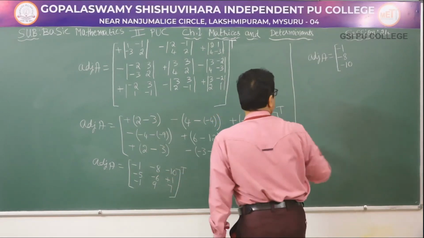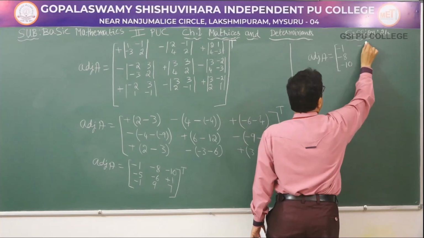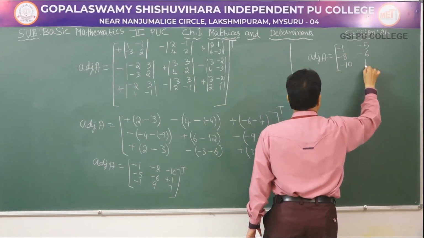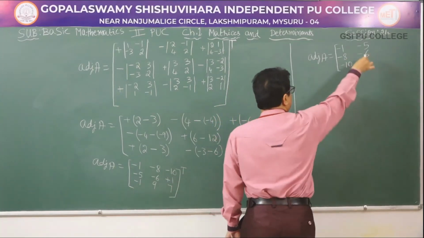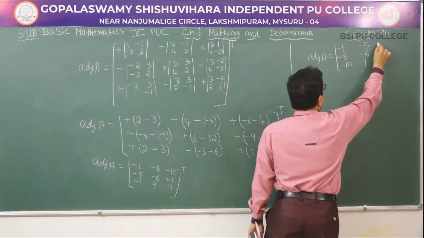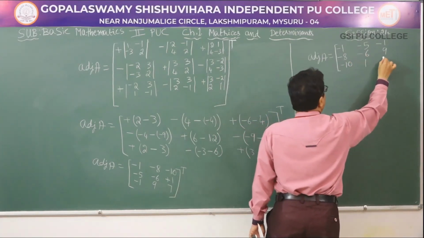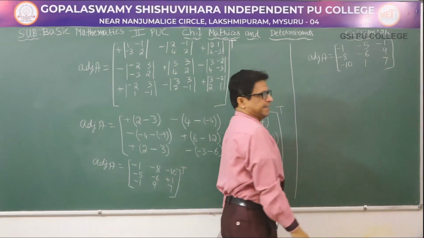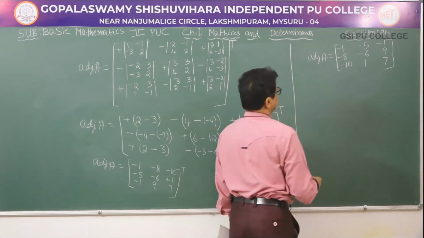Second row becomes second column, that is minus 5, minus 6, 1. Third row becomes third column: minus 1, 9, 7. Next you should not put T because we have already taken the transpose.